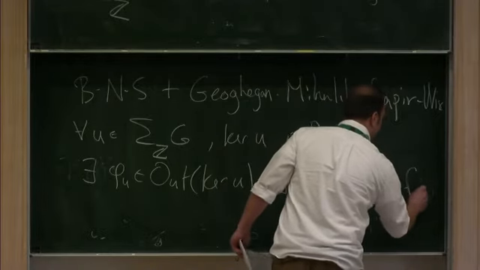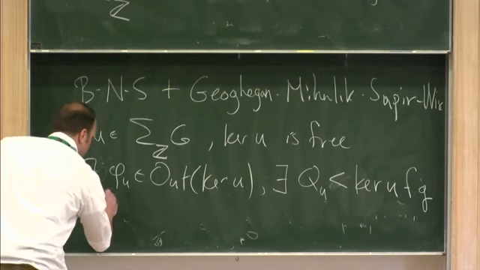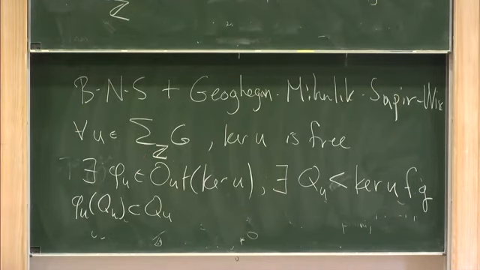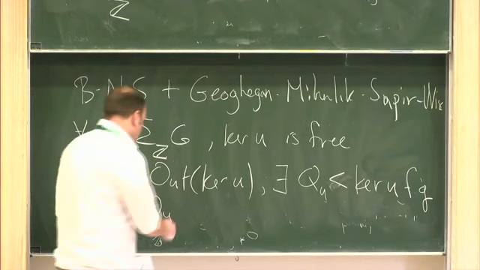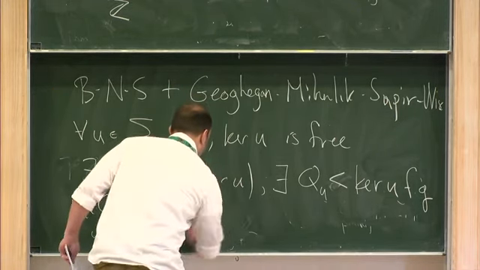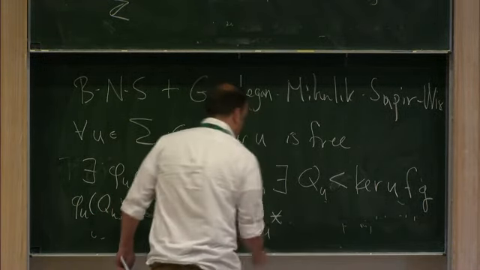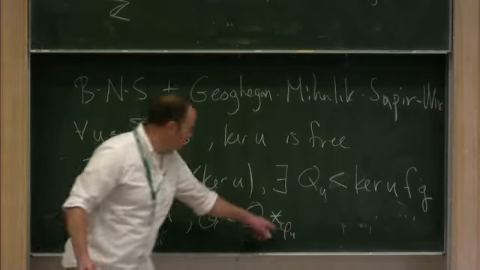It's taken into itself by phi U. And then we can write G as an ascending HNN extension over QU using the restriction of phi U to QU.